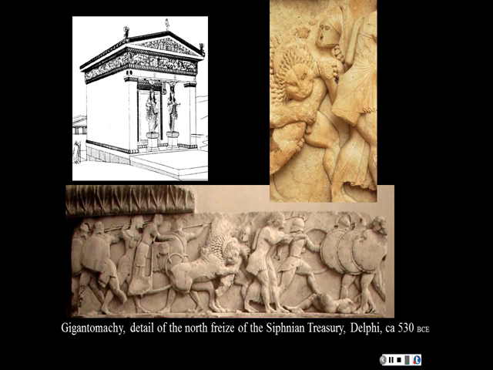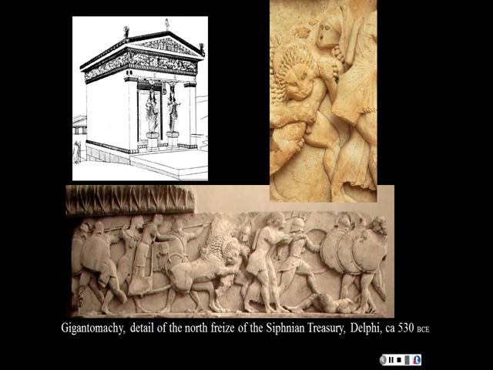I also want to show you an example of a frieze that we see in the Ionic vocabulary. This is also a scene of the Gigantomachy, and this is from the Siphnian Treasury at Delphi. This was an extraordinary building built about the same time.